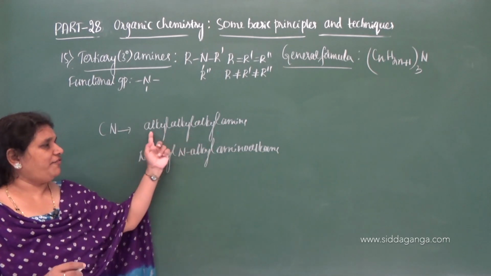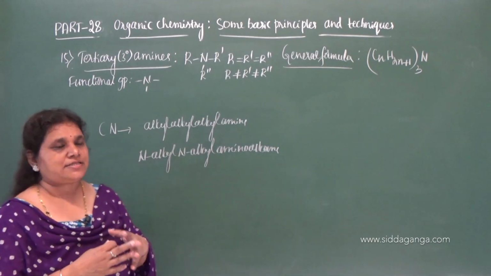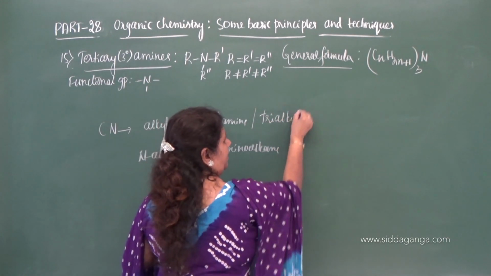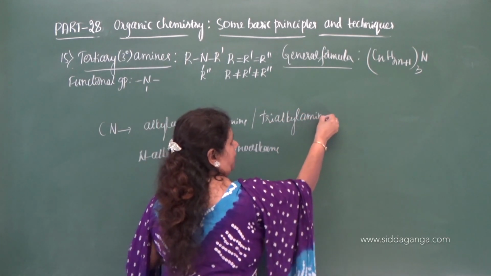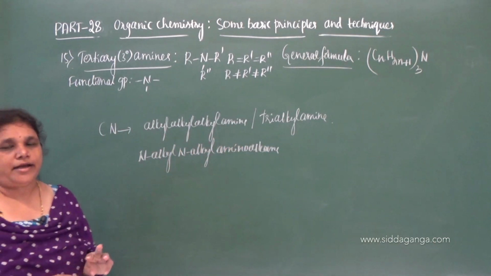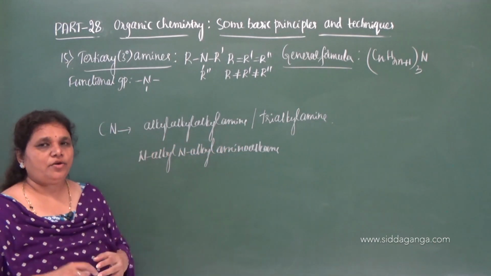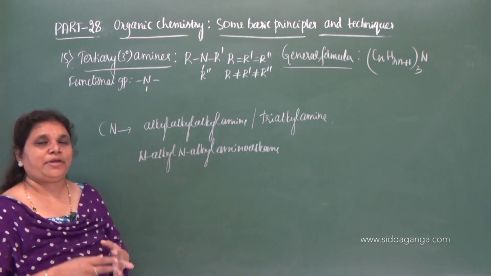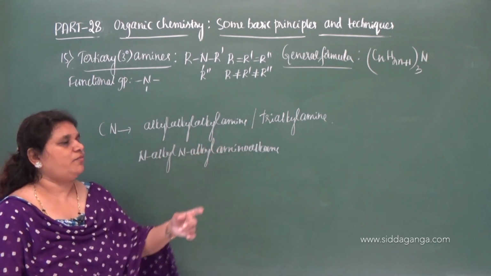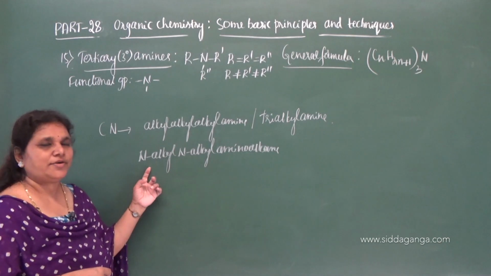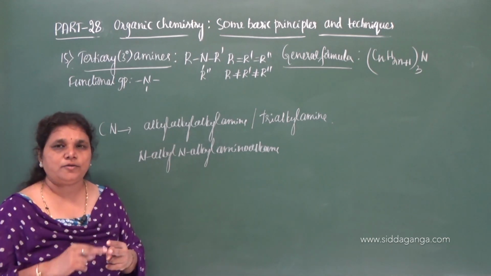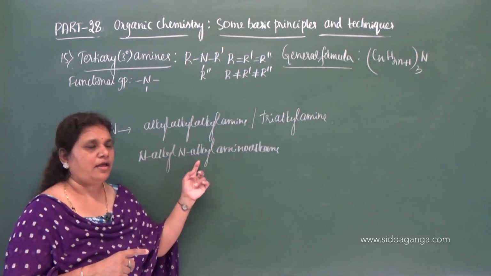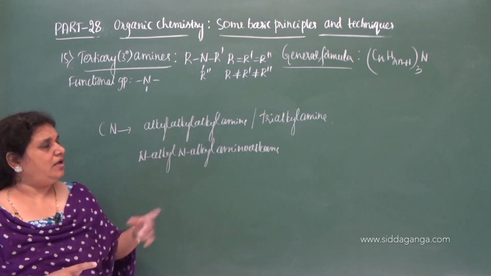If all 3 alkyl groups are same, you can name it as trialkyl amine. If they are different, arrange them in alphabetical order, then end with the word amine, that gives the common name. Or else take 2 alkyl groups as a prefix and 1 as a root word. So N-alkyl, N-alkyl, amino alkane is the common name.